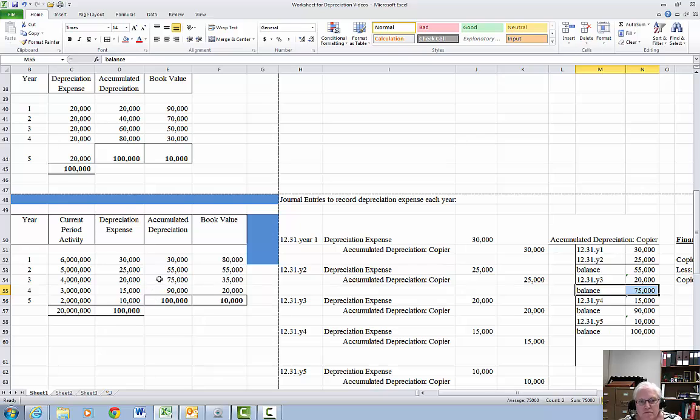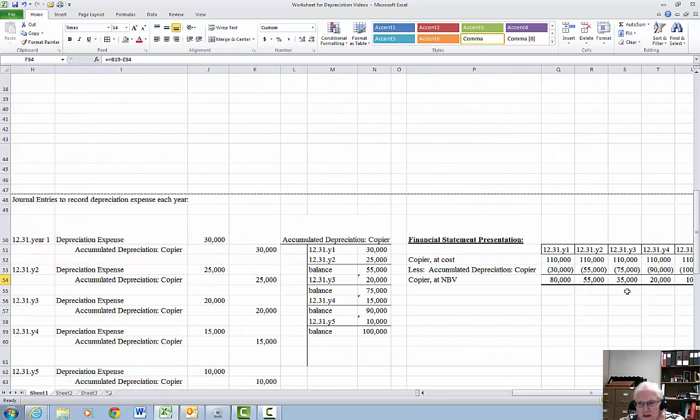The depreciation expense goes to the income statement. The book value becomes 35, because I take the 110 minus the accumulated depreciation to give me the 35. Accumulated depreciation is a permanent account on the balance sheet. The 35 shows up on the face of the balance sheet at the end of year 3. It never gets closed until you sell the asset.